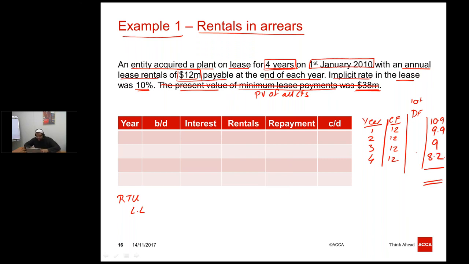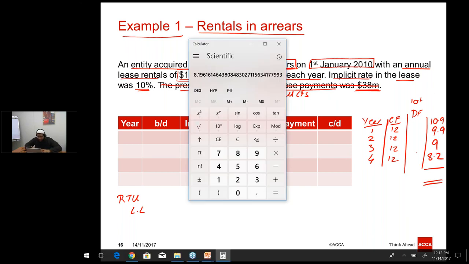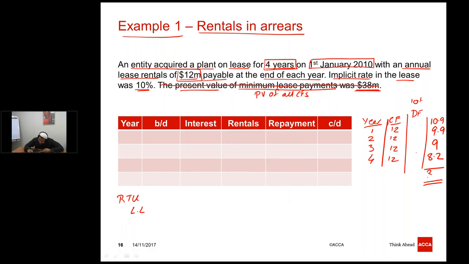Now if I calculate the sum of all, 10.9 plus 9.9 plus 9 plus 8.2 gives me 38, which was already given in the question as well.